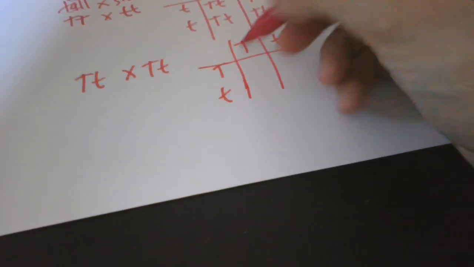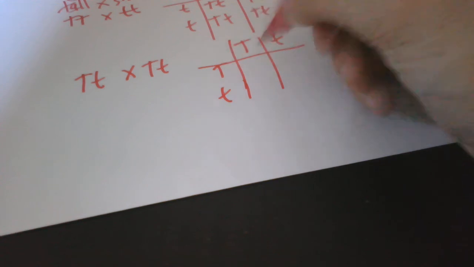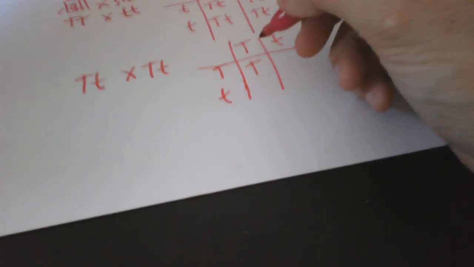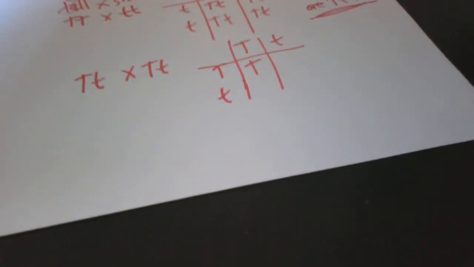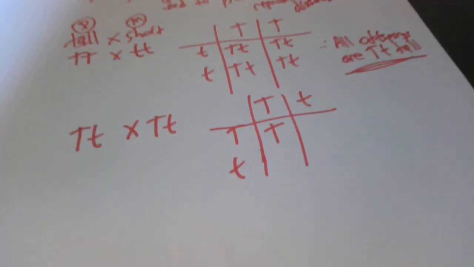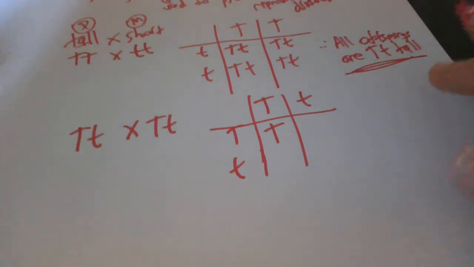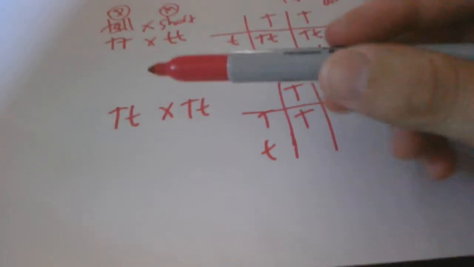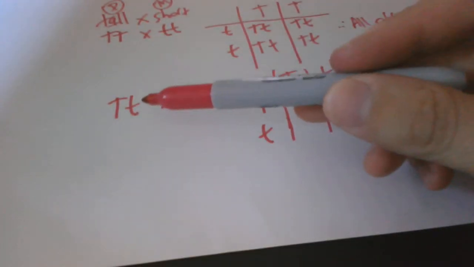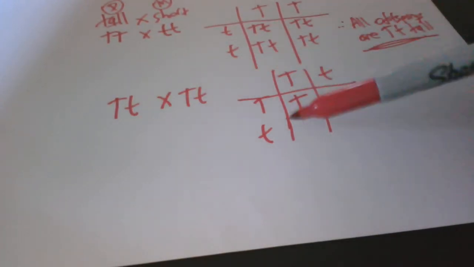You draw a box separating the two. Okay, sorry, continuing on. I think I had a bit of a technical glitch. So let's say we have capital T, small t for a dad, capital T, small t for a mum.